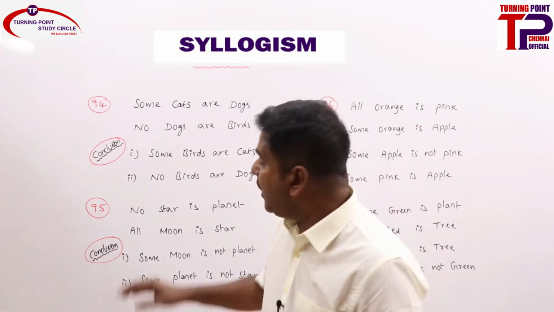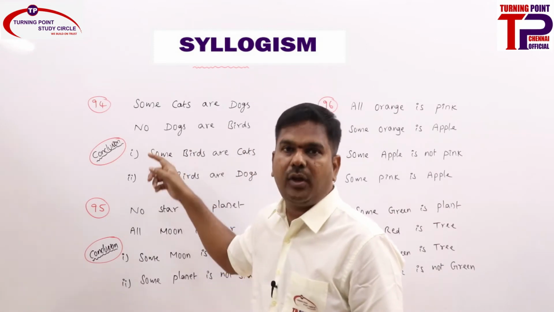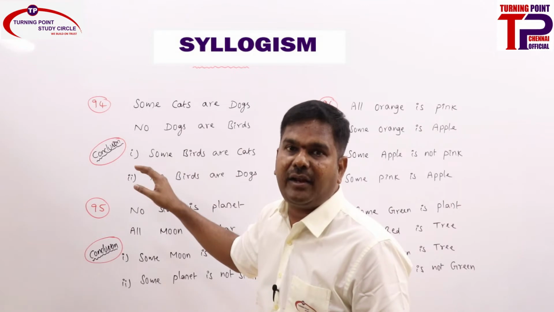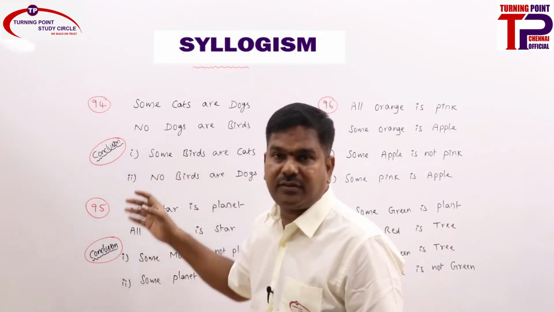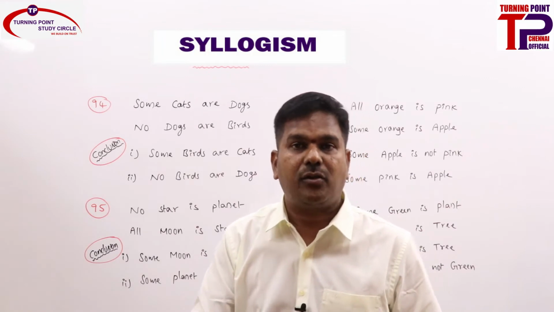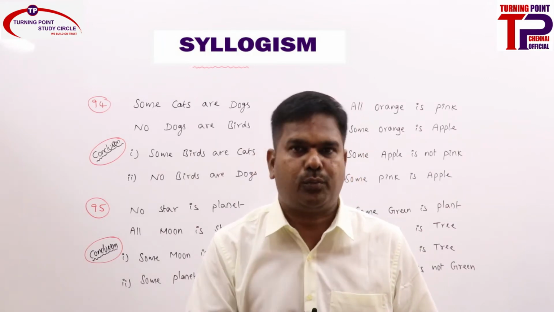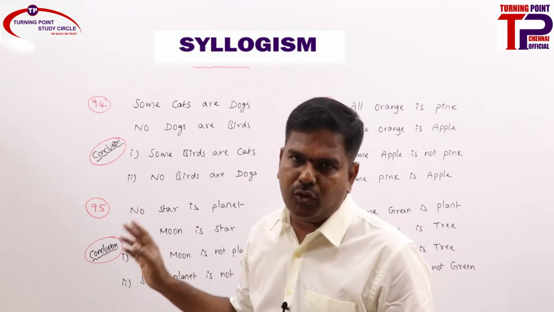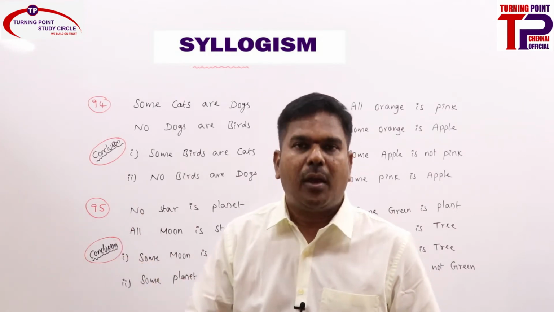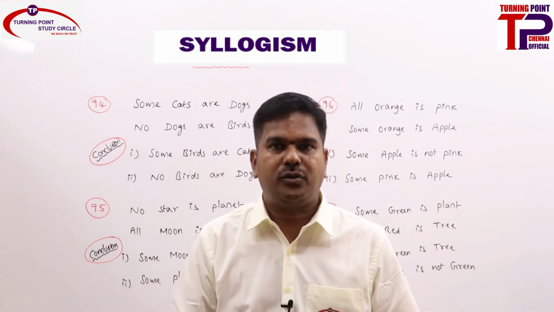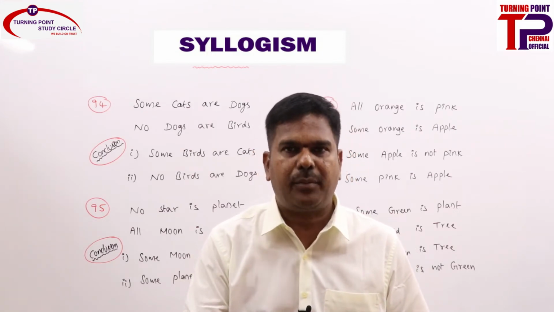Why? Because if any one of the conclusions is true based on the 6 rules or based on immediate inferences, then those 2 conclusions cannot be considered under a complementary pair. Always remember, if any one or both of the conclusions are true based on the 6 rules and also immediate inferences, those 2 conclusions should not be considered under a complementary pair.